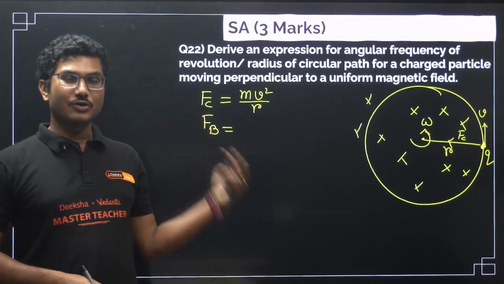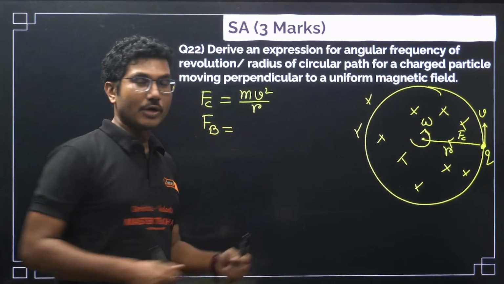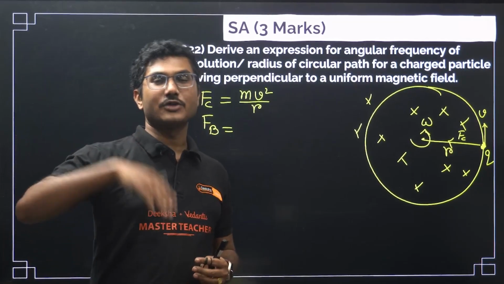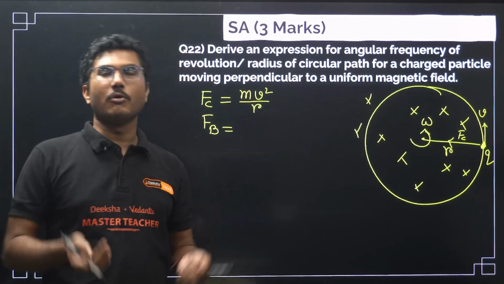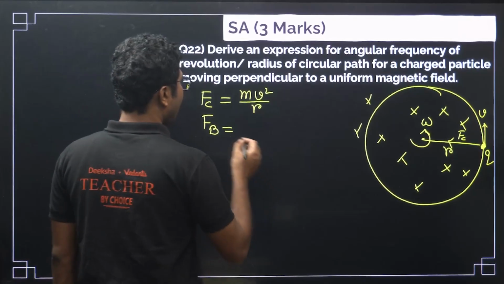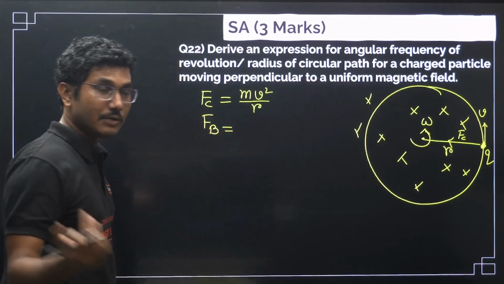It has to be provided by interacting forces. If you are taking a turn on a banked road, then the friction has to provide the required centripetal force, or maybe the weight of your body. Now in this case the magnetic force is providing the required centripetal force.